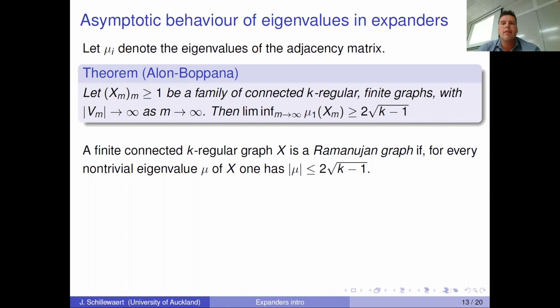I told you that lambda 1 was related to h of X, so that if lambda 1 was big, then we had good expansion. So now we can ask, in some sense, what is the best expansion we can get? That is given by a theorem of Noga Alon and Boppana. This time, mu_i denotes the eigenvalues of the adjacency matrix.